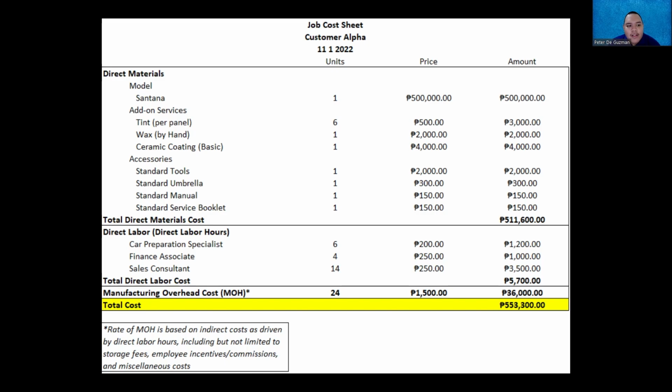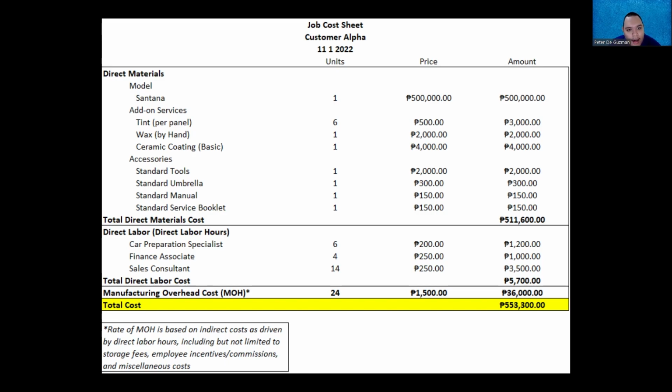Under direct materials, the first item we see is model. And we have its corresponding units or quantity. We also have the corresponding price and we have the amount. The amount is essentially a product of the price and the number of units availed of for the transaction.